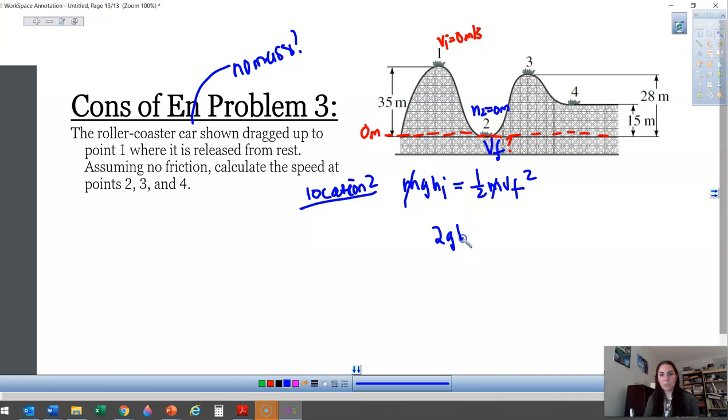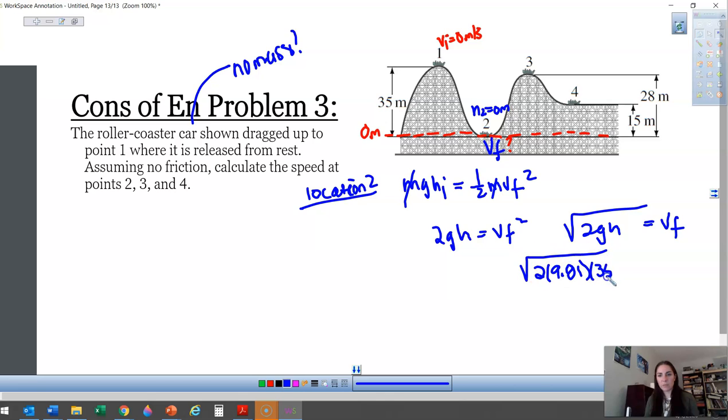I get 2gh is equal to vf squared, and then the square root of 2gh is equal to v. I did that way fast, I know. But notice it's just dependent on the height, so this becomes super easy to calculate. In fact, I'm being lazy, I'm just doing it with just the numbers. Pardon my laziness, I'm just trying to be fast. So I can get the speed at the bottom. So 26.20, this seems reasonable.